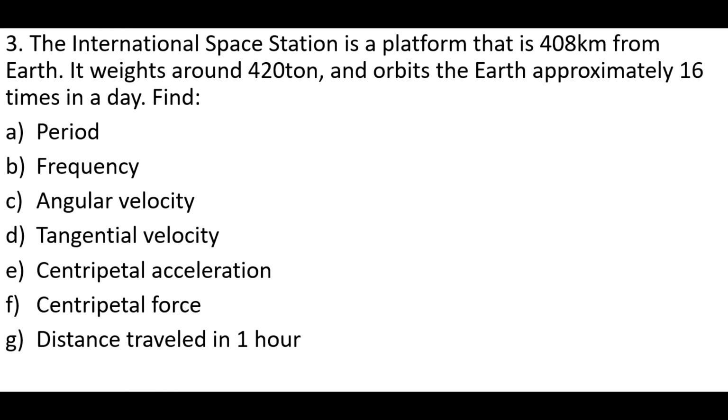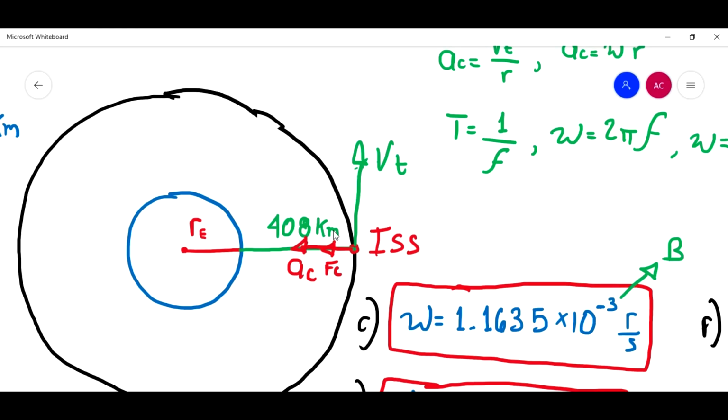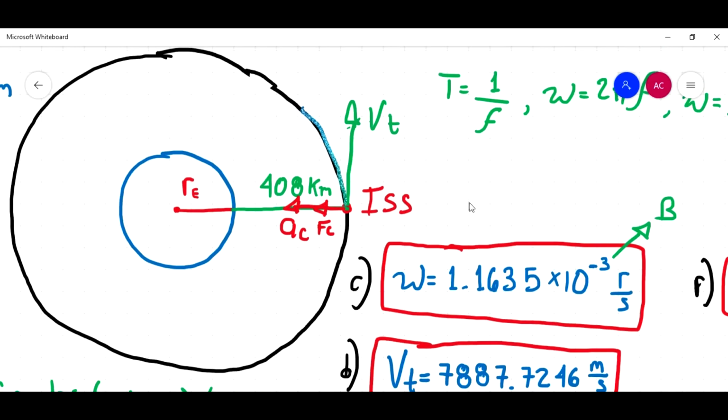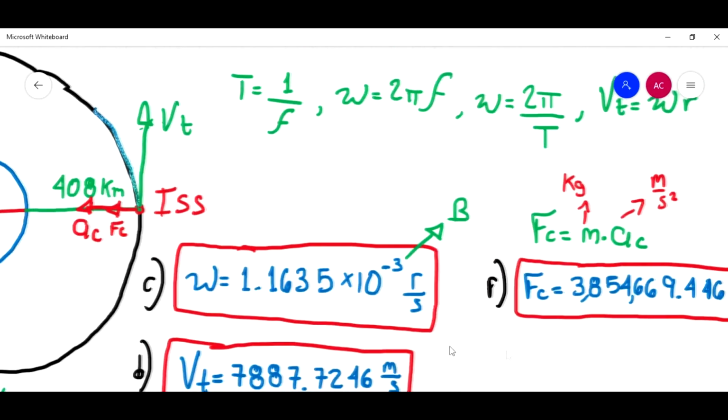So the distance in this case is linear distance, and remember that the linear distance is measured in meters or kilometers or feet or inches. So I need to find this distance. I don't know how much it's gonna be because this International Space Station is going to travel for 1 hour. So how much is that distance?